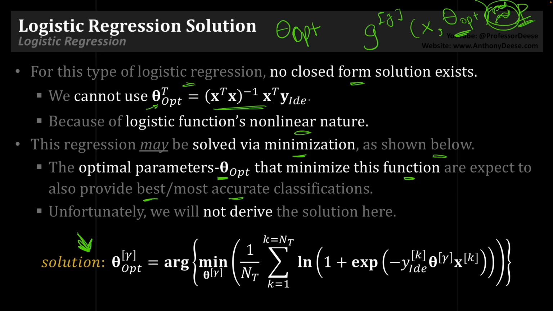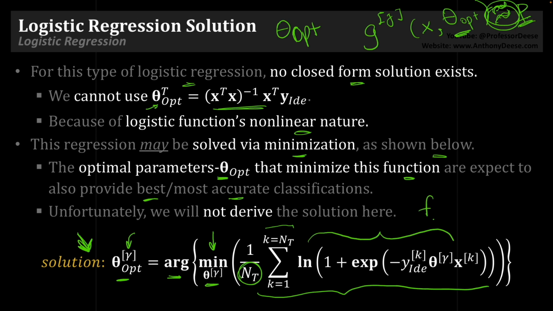So what we see is that the optimal parameter set for category gamma is equal to the arguments, where the arguments are the theta values, that minimize this function right here. Now this function is the average, because 1 over the number of training samples, we sum these together, for a number of functions, which I'm going to simply call f, natural log, and then I'm going to give it a k value.